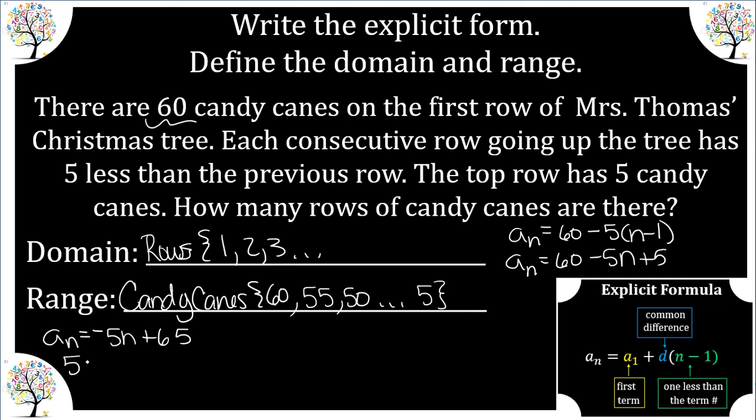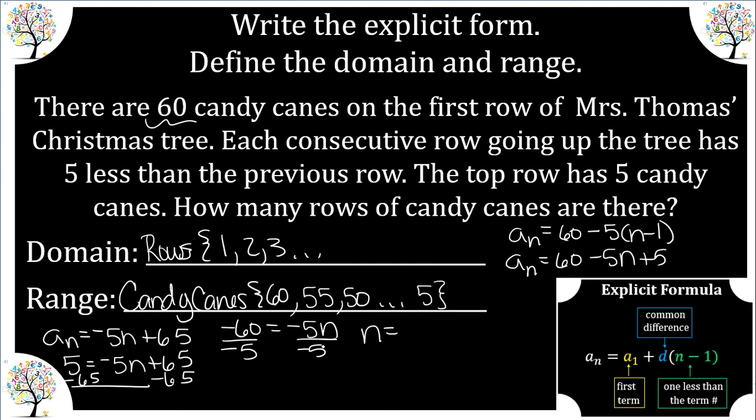So that's the output, so we put it in the y spot, the output side. We're going to subtract 65 from both sides. And the number of rows is 12.